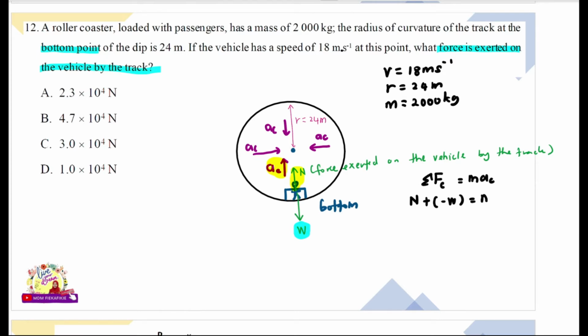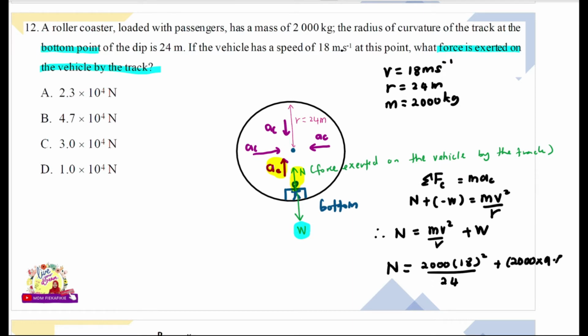And it is equal to, since the question has given V, I will change a_C to V squared over R. Therefore, N is equal to m v squared over R plus W. So we can write N and we can calculate N. Put in all the values, which is 2000 times V is 18 squared over R is 24 plus the weight, weight 2000 times gravity 9.81.